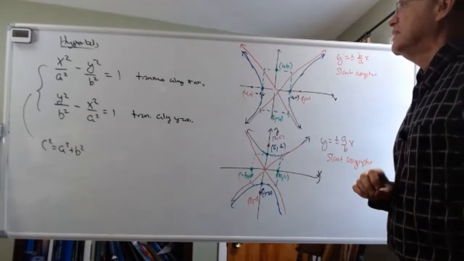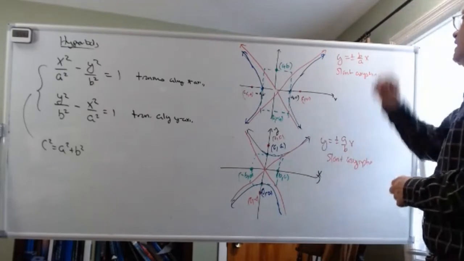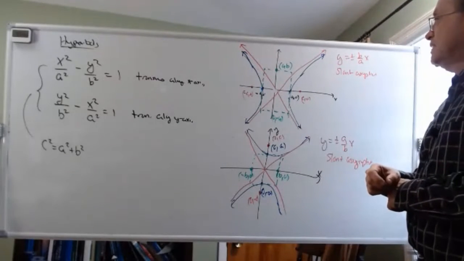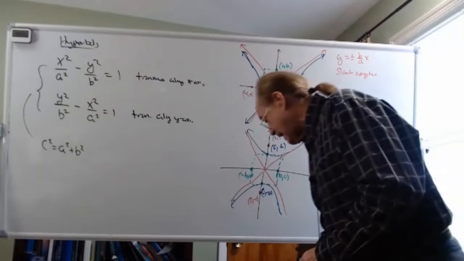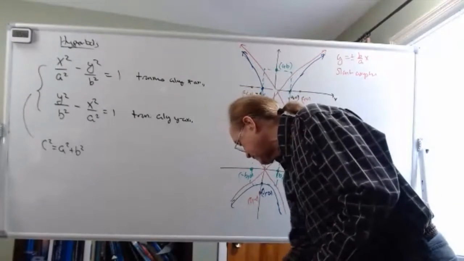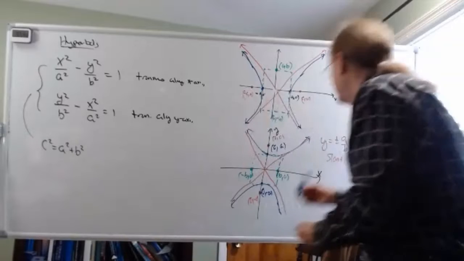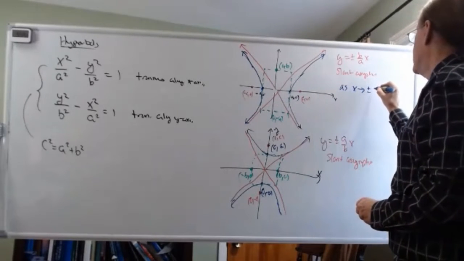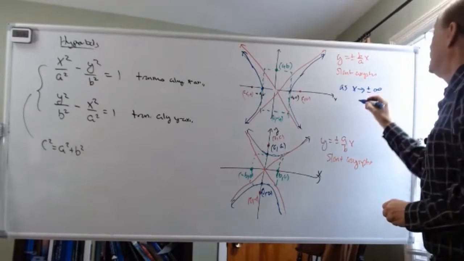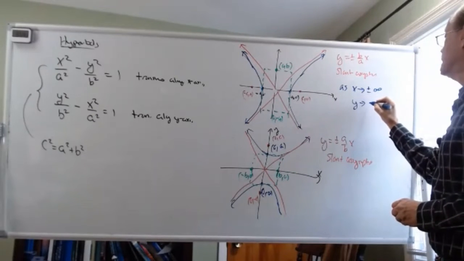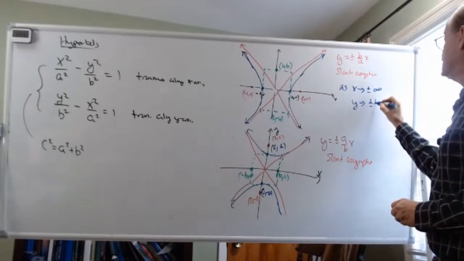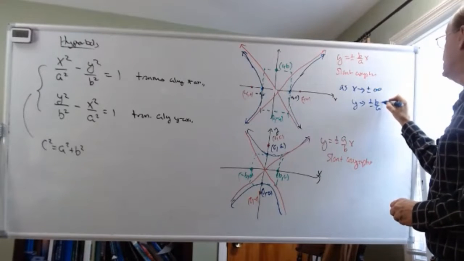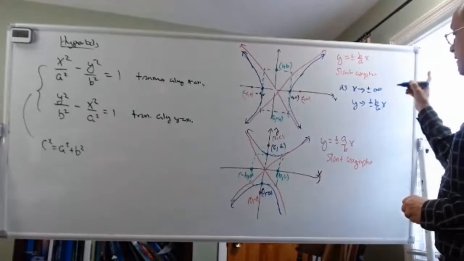Very elaborate things, but now they introduce this idea of having asymptotes. So that means, in both cases, as x goes to plus or minus infinity, my y value gets closer and closer to plus or minus b over a times x. Just a straight line.